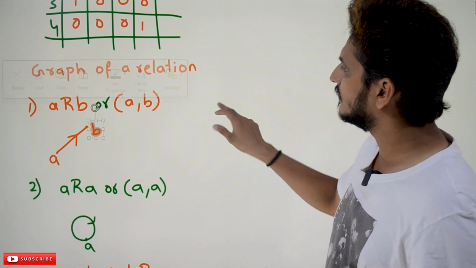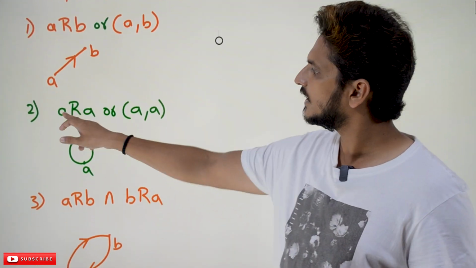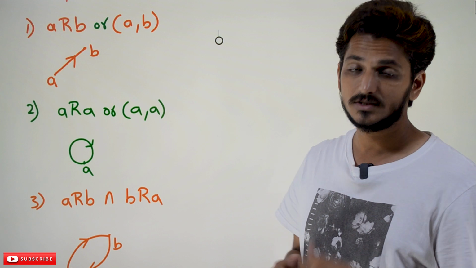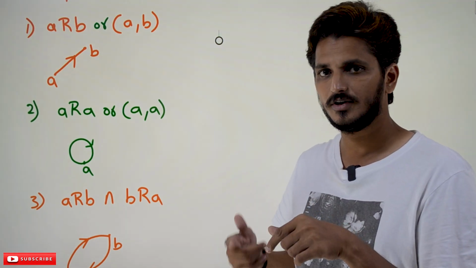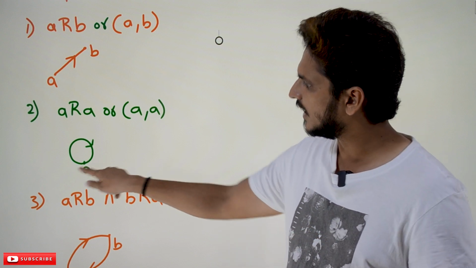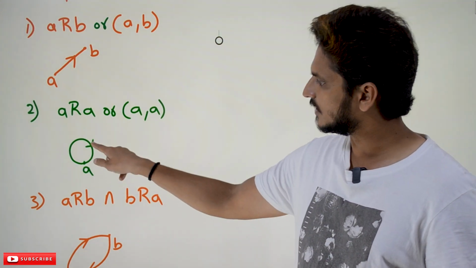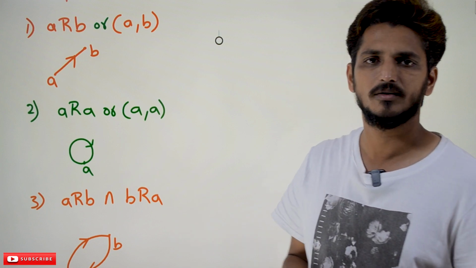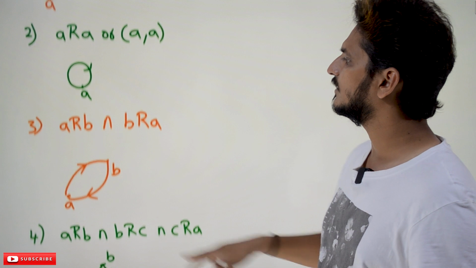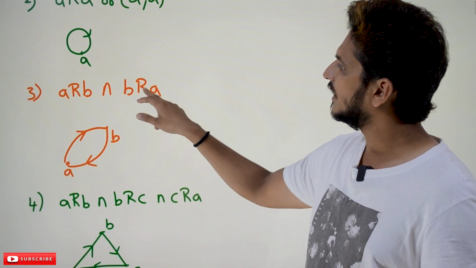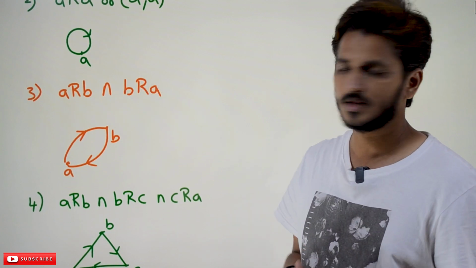One more example. Suppose A relates to A, meaning A has a relationship with A itself. How are we going to show that? Draw A, make a loop with an arrow pointing back to the same node. Similarly, if A relates to B and B relates to A, how do we show that?